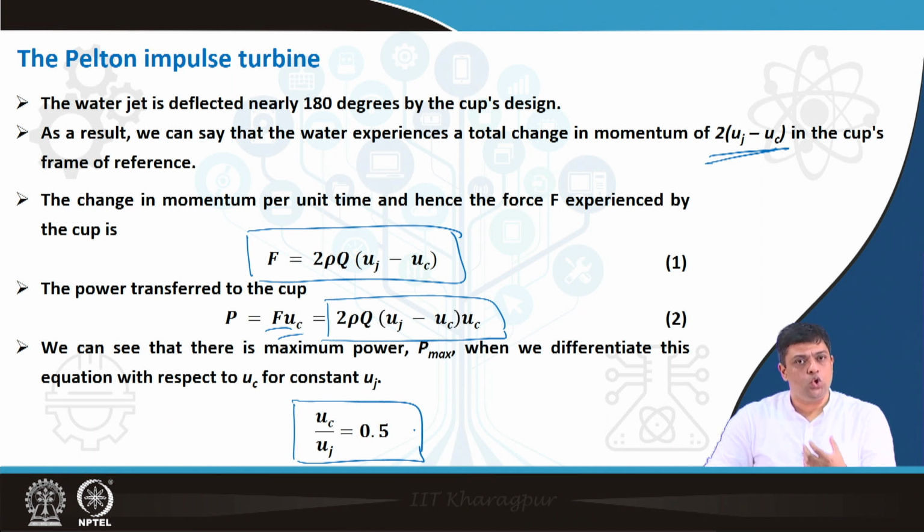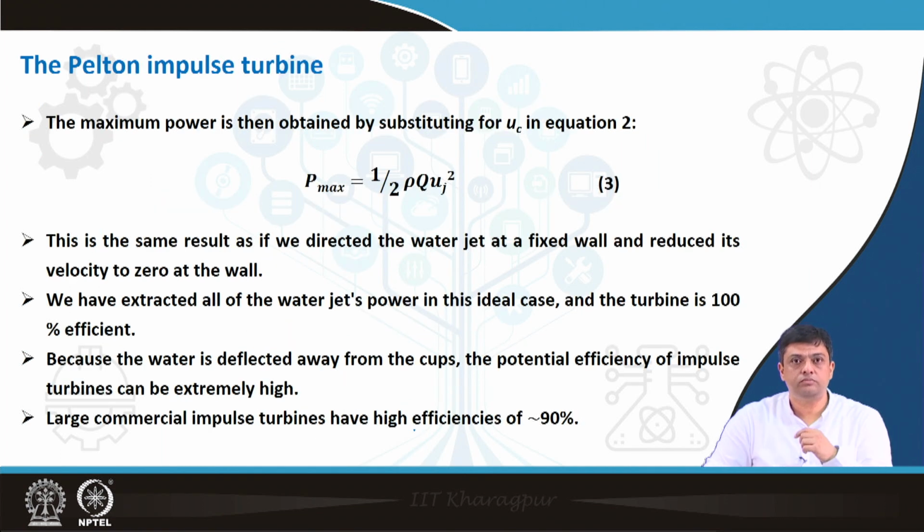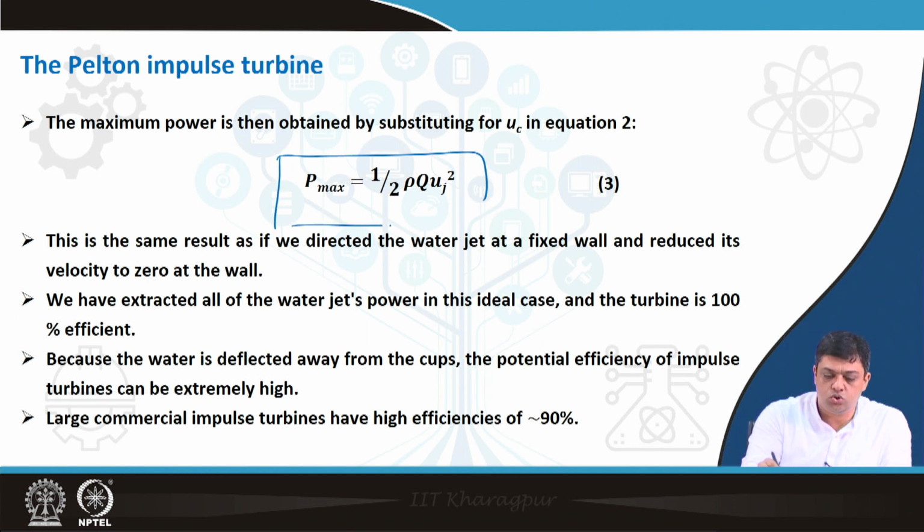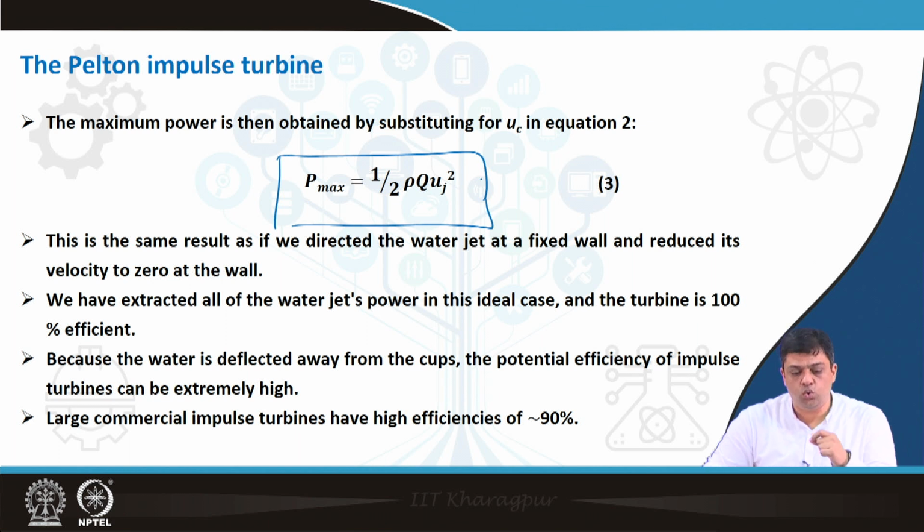So, now we also know what should be the value of the flowing fluid which should come out of the nozzle, and also the fluid which should hit the turbine blades. Once I have obtained the value of Uc, we can get the maximum power, and that is equal to P max equals half rho Q Uj square.